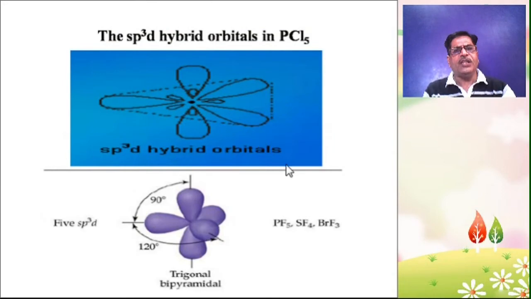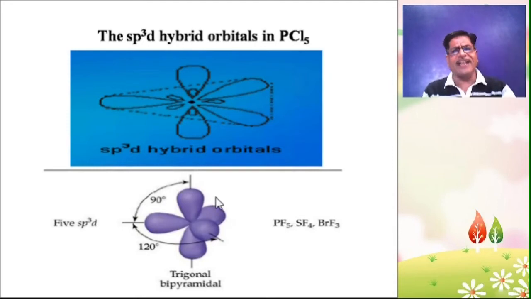In the PCl5 molecule, with this type of sp3d hybrid orbitals, there is a symmetry; we can see the trigonal bipyramidal symmetry. In these 5 sp3d hybrid orbitals, two bond angles are observed: one is 90 degrees and one is 120 degrees. So two different bond angles are generated in this type of geometry.